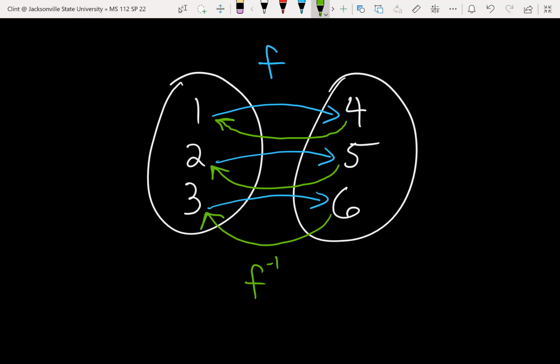So that's one way to think about inverse functions, is that the range of one function is the domain of the other function. Okay? So here the range of f is the domain of f inverse. Okay.